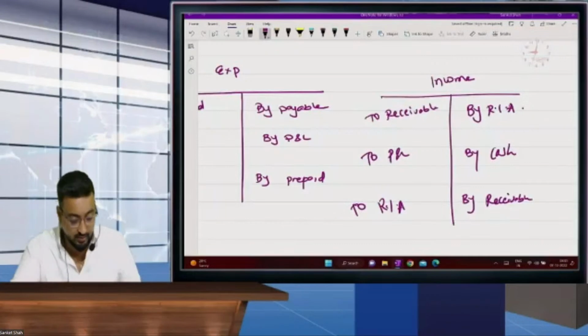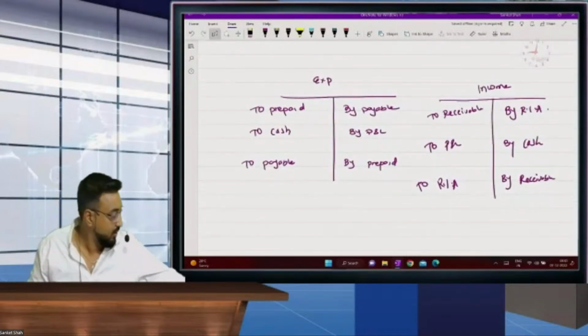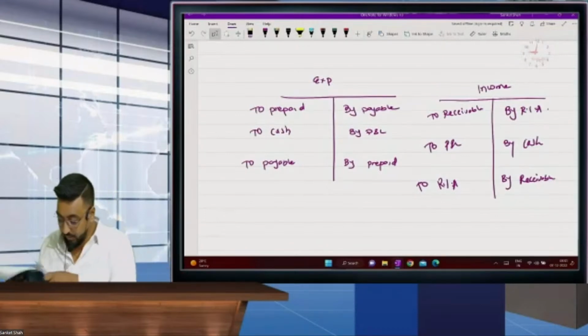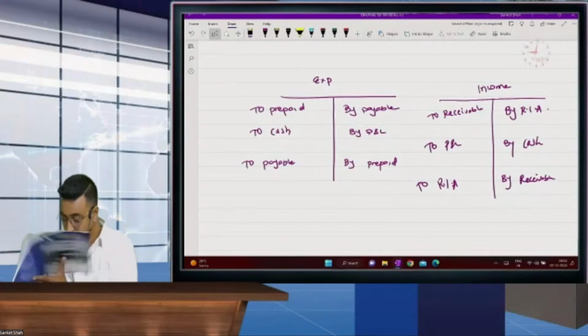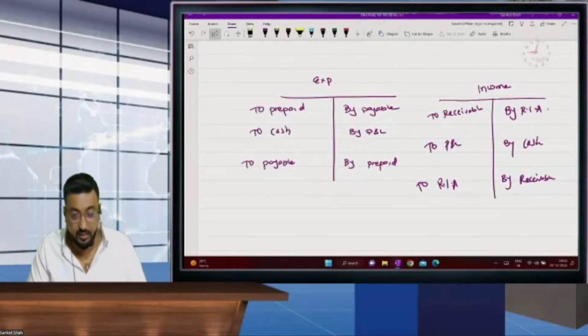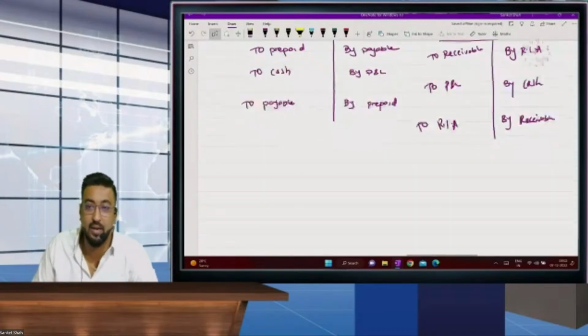बेटा मेहनत मुझे करना ही पड़ेगा। ओह सॉरी, स्क्रीन इज नॉट देयर। ओके, हाँ जी। So to receivable, you can write it in the same way, to receivable, by receivable। एक ही मिनट है बेटा। To receivable, by received in advance, to received in advance, and to P&L and by cash.